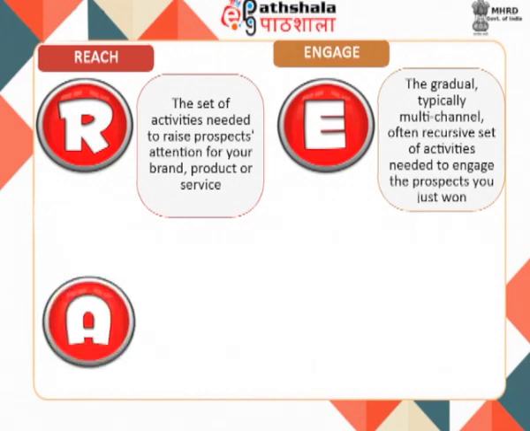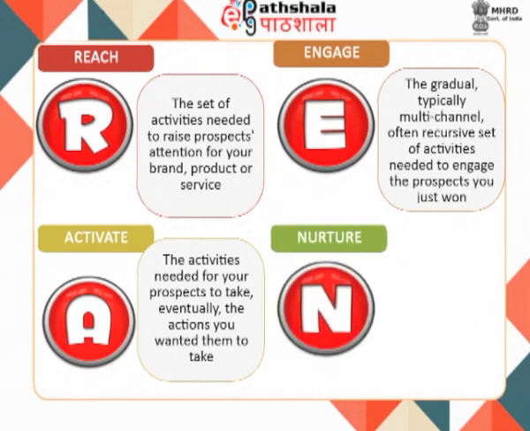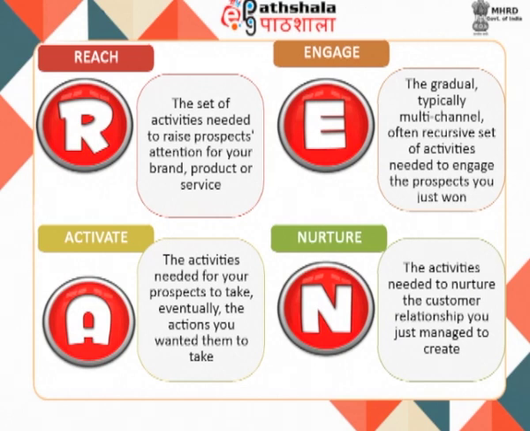A is activate, the activities needed for your prospects to take, eventually the actions you wanted them to take. N is nurture, the activities needed to nurture the customer relationship you just managed to create.